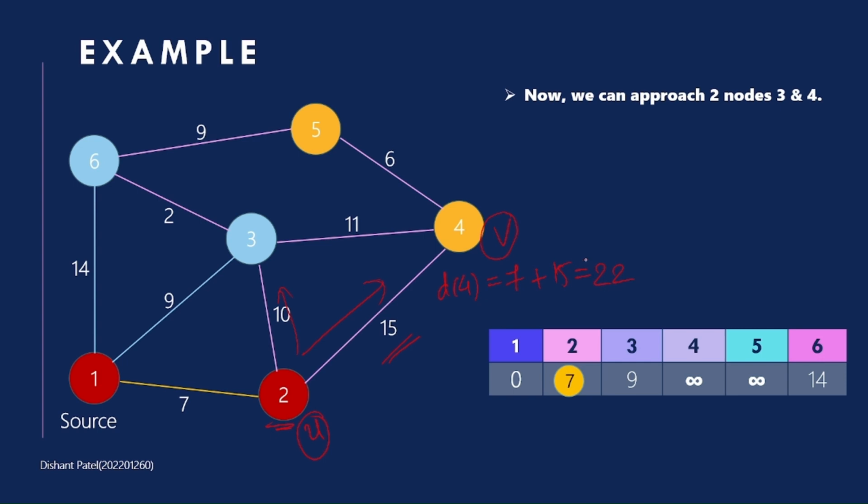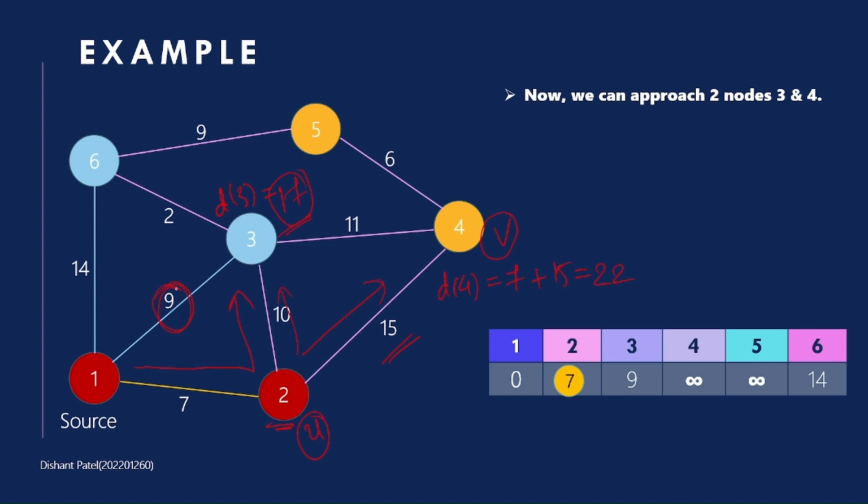So distance of the fourth node will become 22, and similarly distance of third node via second node via this path will become 17. But this 17 is greater than the one that we have already got. So we will not update the distance of third node.